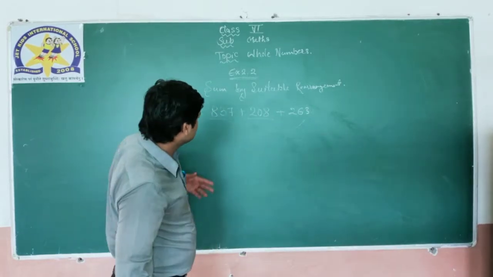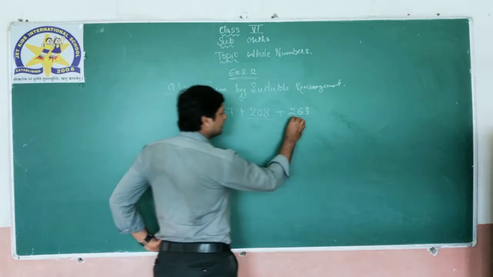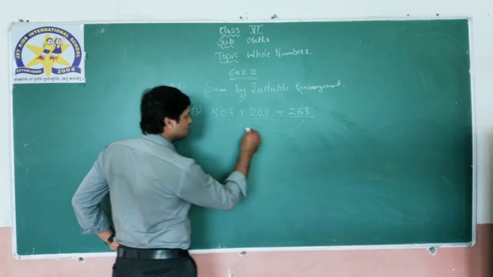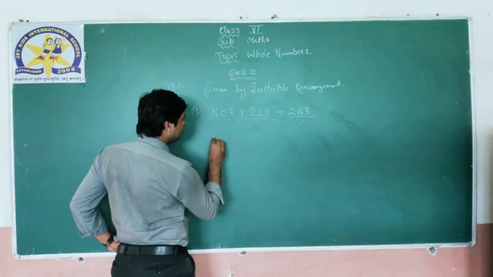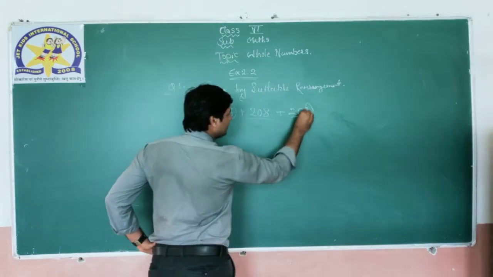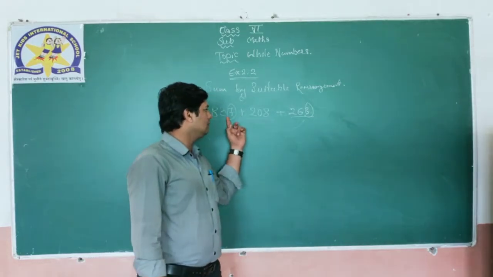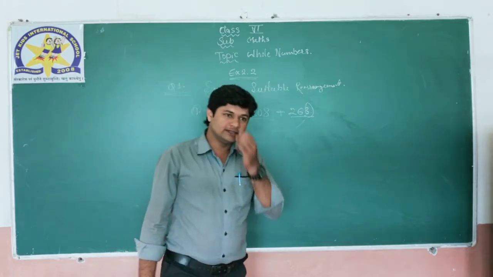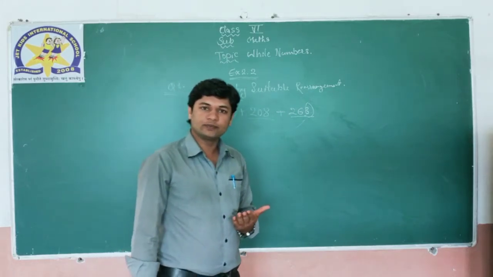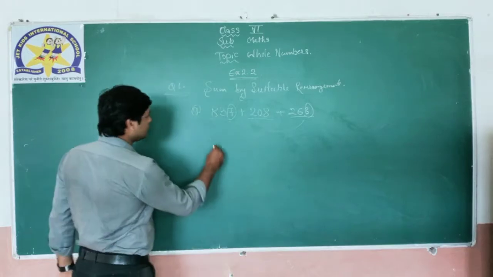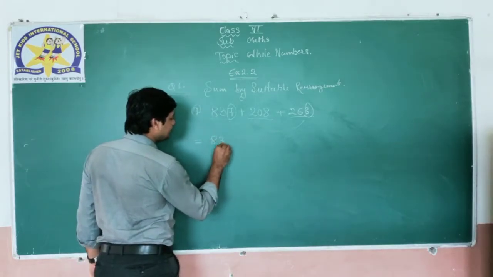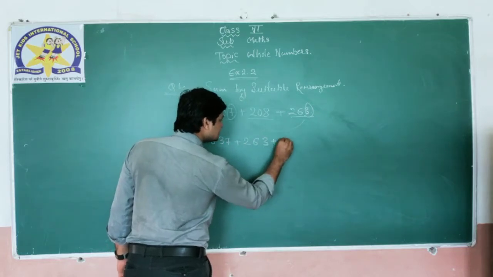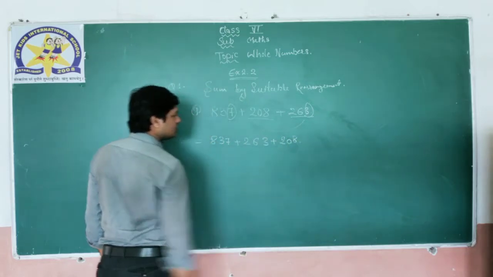Associative, right? So by using suitable rearrangement, which one will be first to operate? Look at the unit digit. If I add 7 plus 3, it will be 10, so the unit digit comes to 0. That's why I am going to do this: first 837 plus 263 plus 208.